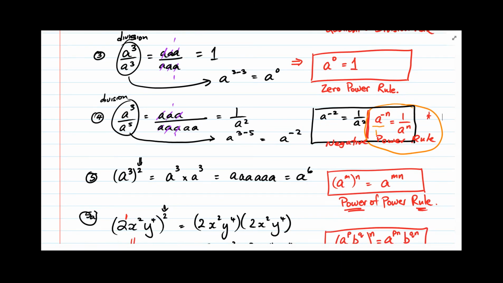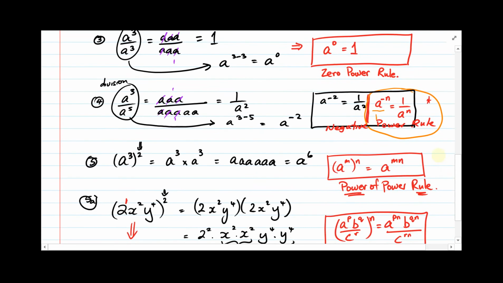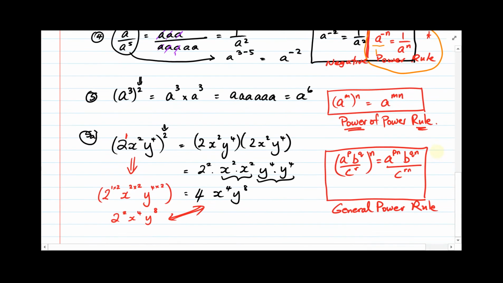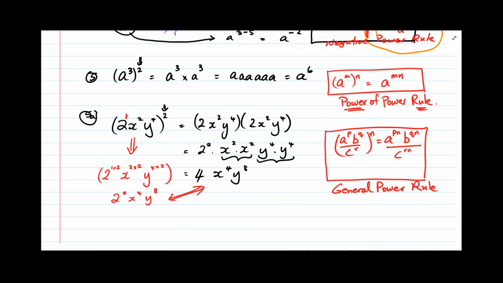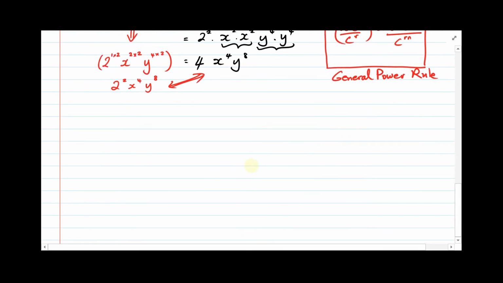So although we won't write it differently each time, we will look at a few examples and see what I'm talking about in practice. All right, we have the power of power rule, or just simply called the power rule, and the generalized power rule for our exponents. Okay, so let's look at a few examples.